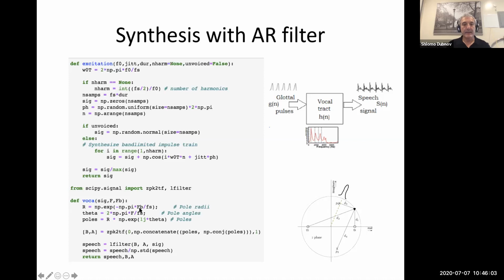And then the question is, where is the radius and how far should it be? The idea is that if we assume the bandwidth is 0, and this is really kind of a hack for where to locate this, you put it on the unit circle, R will be 1, which is actually not true, because if it's here, it should be infinite.